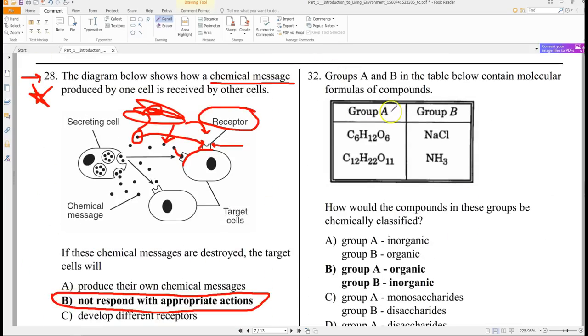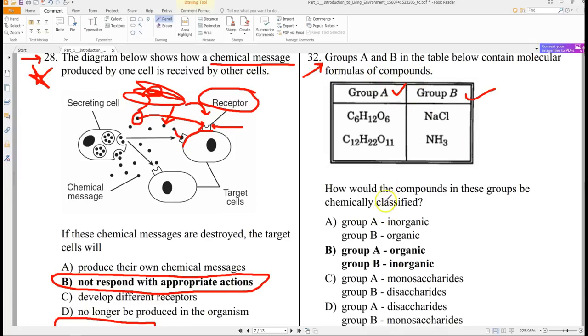Number 32. Group A and Group B. Remember, start from the top. Always. Groups A and B in the table below contain molecular formulas of compounds. Okay, I see the compounds. How would the compounds in these groups be chemically classified? Let's start one by one. Choice A says Group A is inorganic.